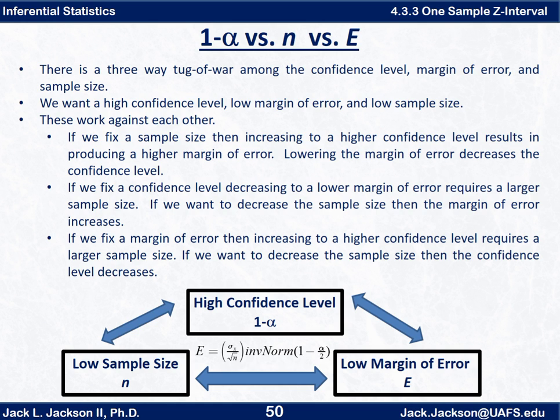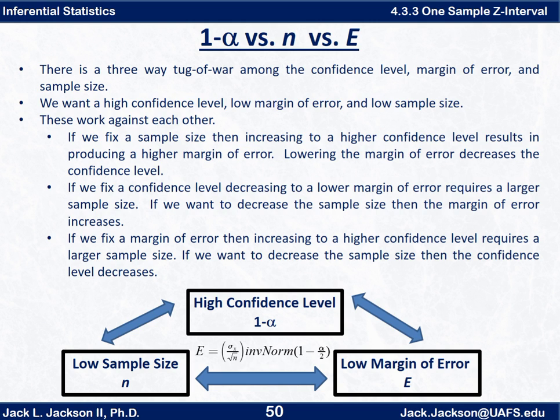Or if we fix the confidence level, then you've got a two-way tug-of-war between the sample size and margin of error. A lower margin of error is going to force us to have a higher sample size. It's going the wrong direction there, right? And a lower sample size, we can get that, but that's going to make the margin of error larger.